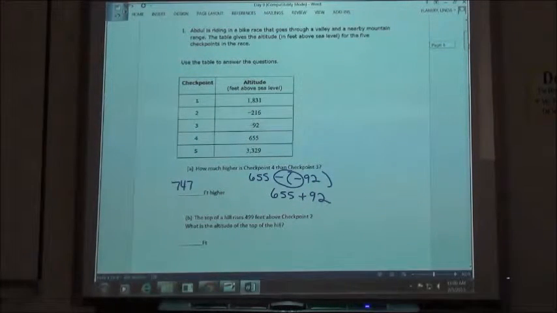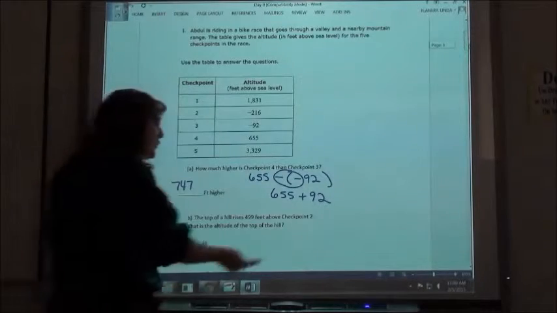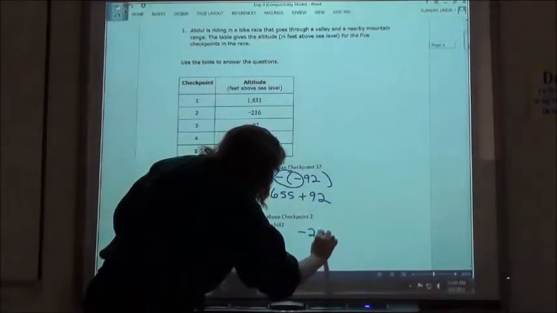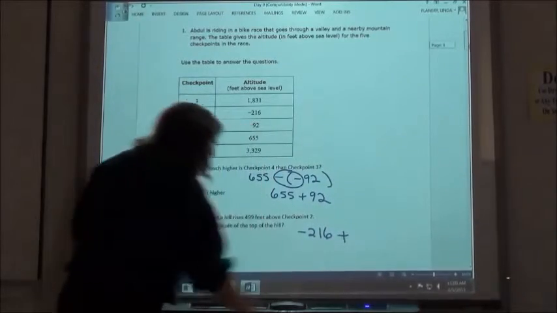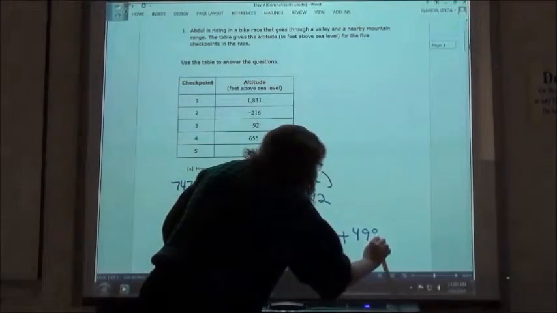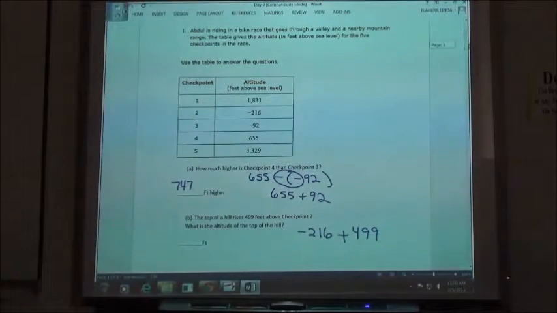Part B. The top of the hill rises 499 feet above checkpoint 2. So in this case, we're really starting at checkpoint 2, which is at negative 216, and then we're going to rise. So we're going to add 499 to that. So we have negative 216 plus 499.